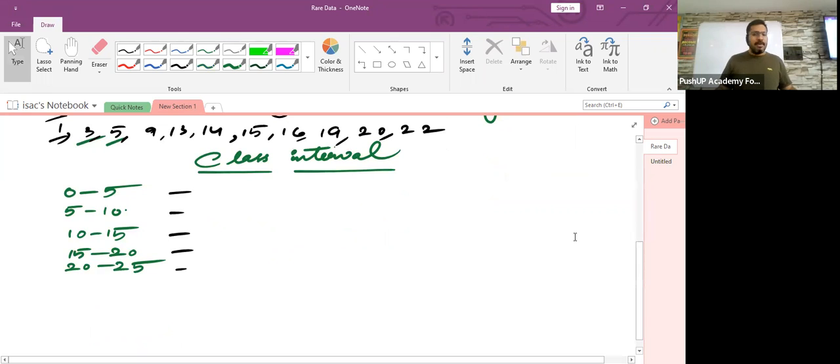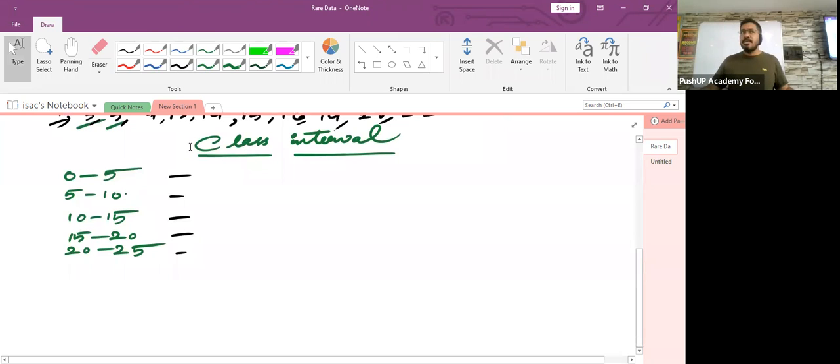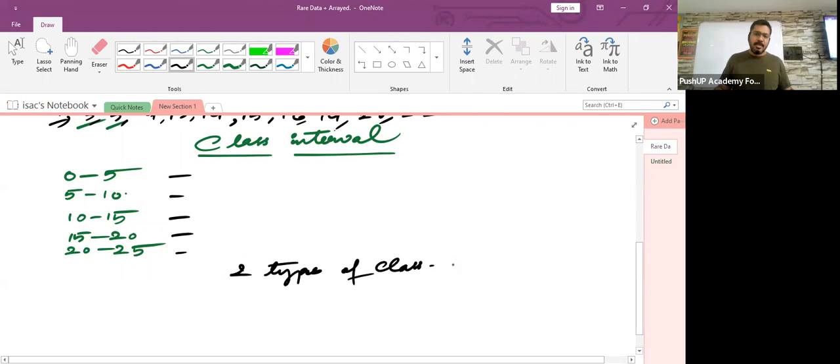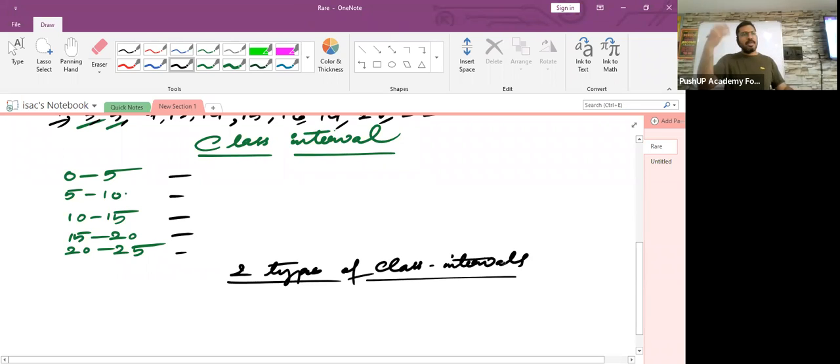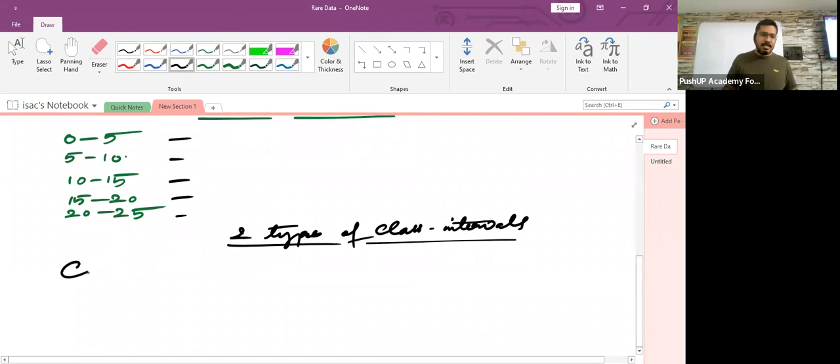Now, when I teach you class intervals, remember there are two types of class intervals. You also can note down whatever I do on the screen, children. Just mention rough note. 2 types of class intervals. The first class interval is continuous class interval.